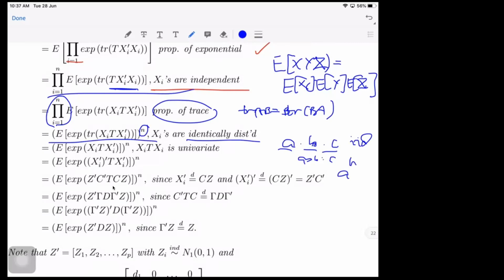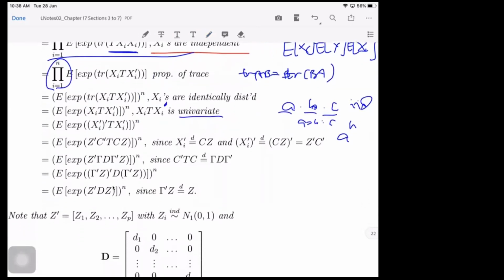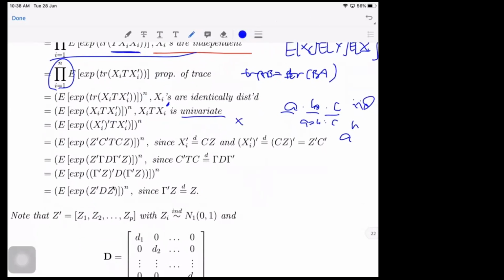And if we scrutinize this term, this is a univariate. This is supposed to be with a prime. This is a univariate term here. So that x prime prime is just equal to x.